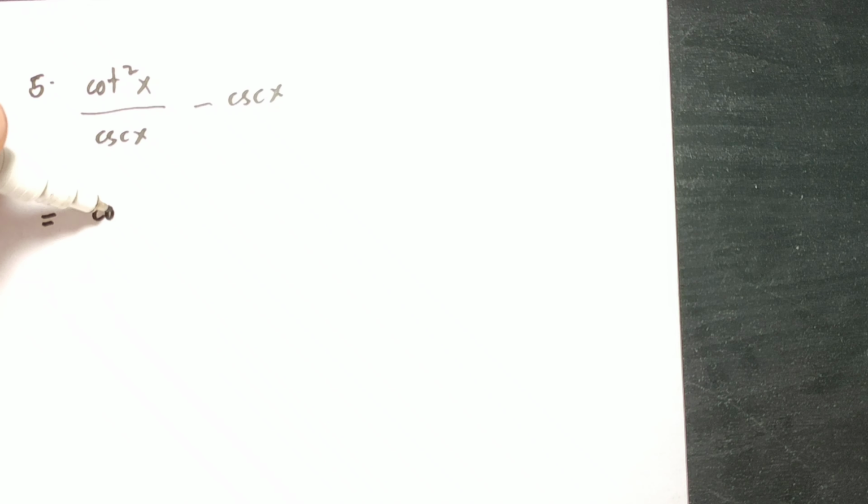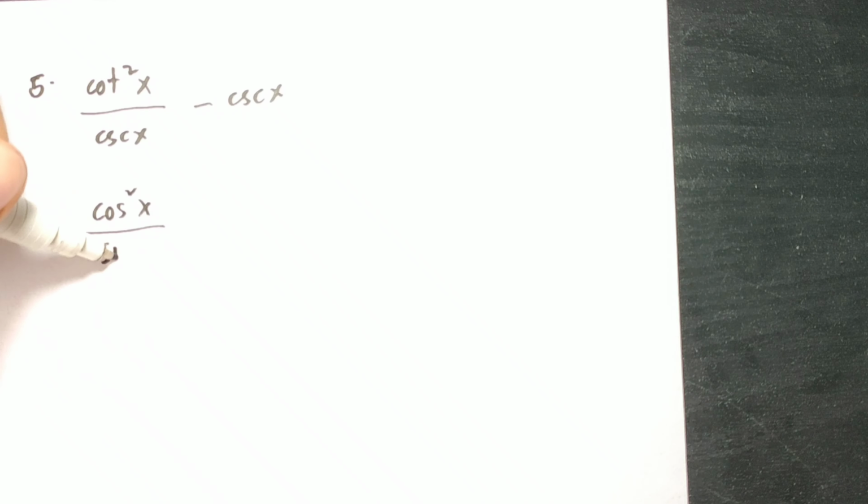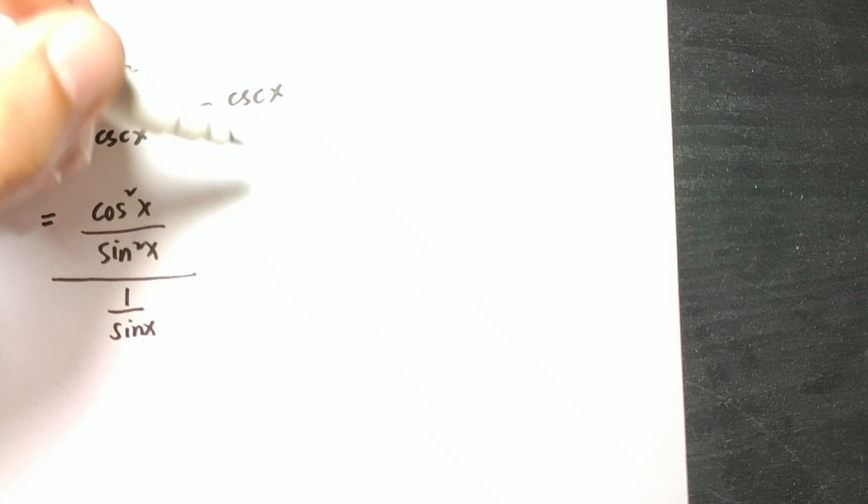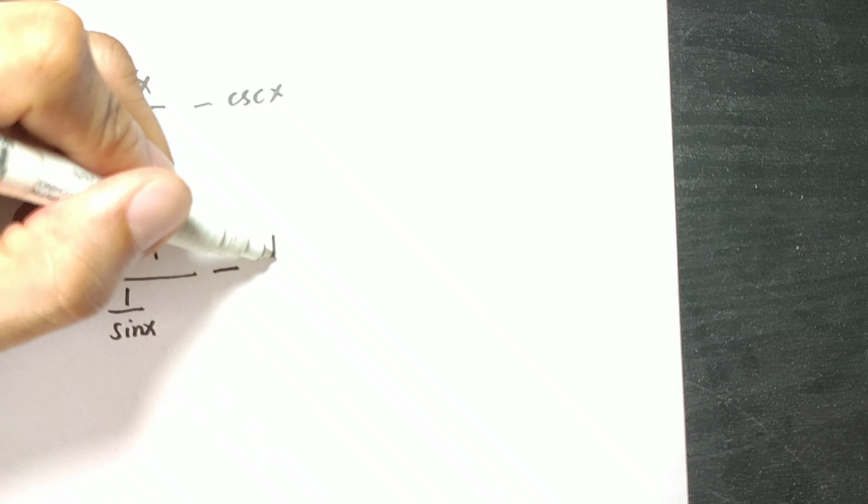So let us replace it. Cosine square x over sine square x all over, our cosecant is the same with 1 over sine x by the use of the reciprocal identity. So 1 over sine x.